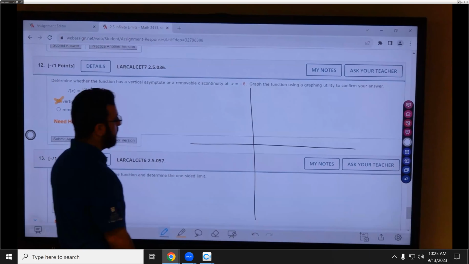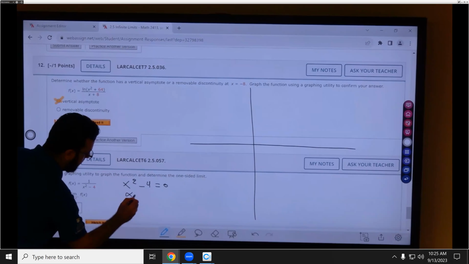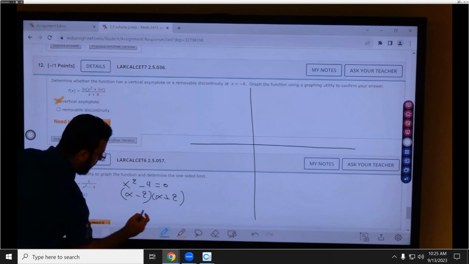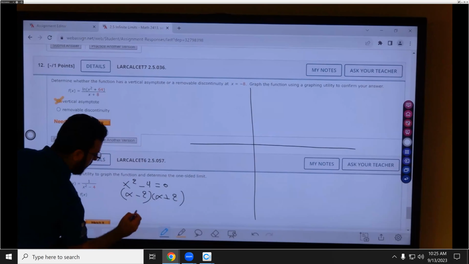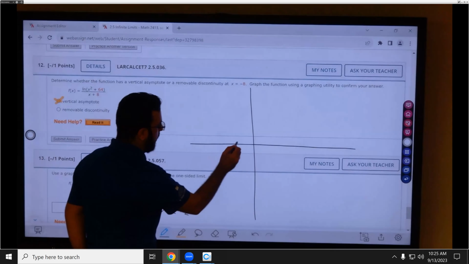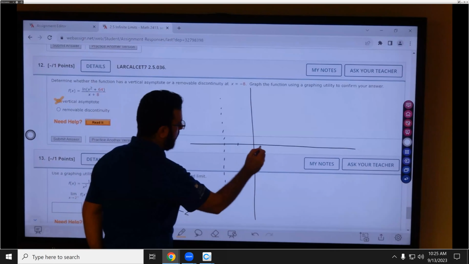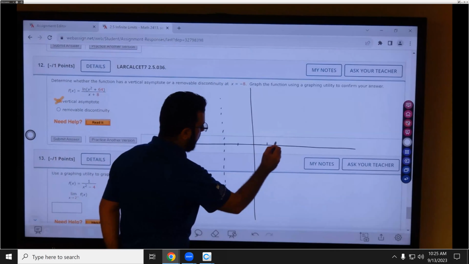I have x squared minus 4 equals 0. That means x minus 2 times x plus 2 equals 0. So I have 2 asymptotes, x equals 2 and x equals negative 2. There's 1, 2.